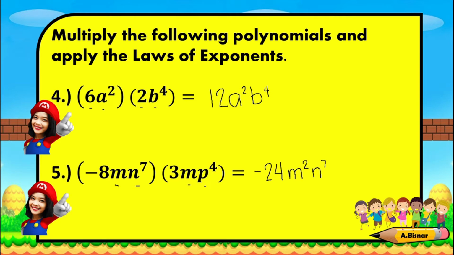How about p? Is there any other p? Since there's no other p aside from this, let's just simply copy p to the 4th power. And so the final answer will be negative 24m squared n to the 7th p to the 4th.